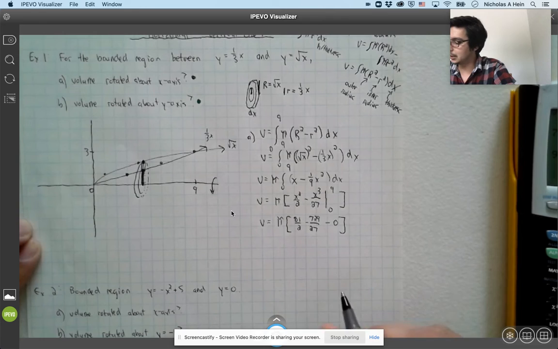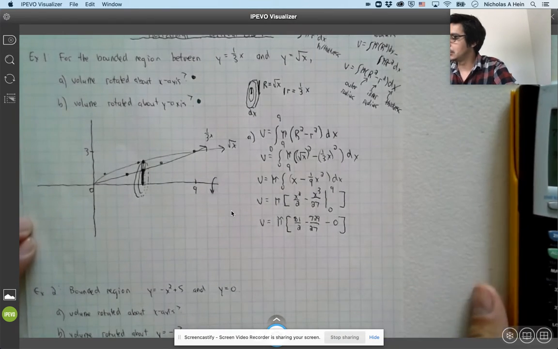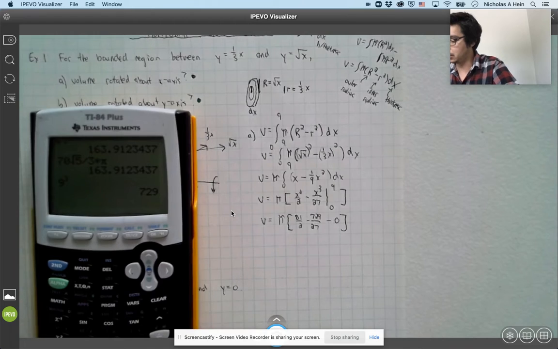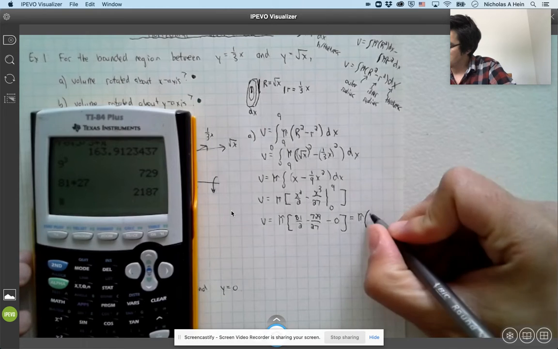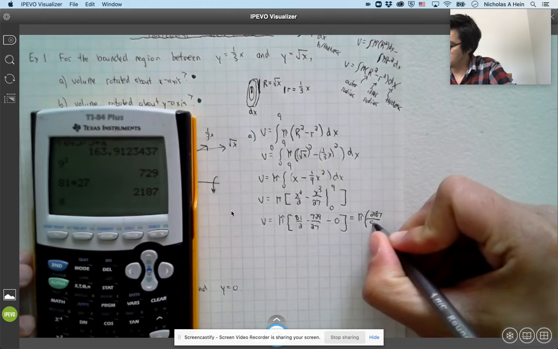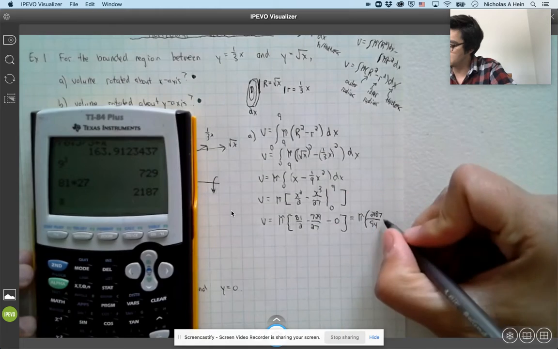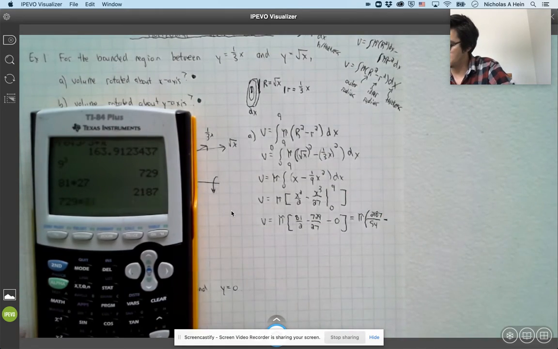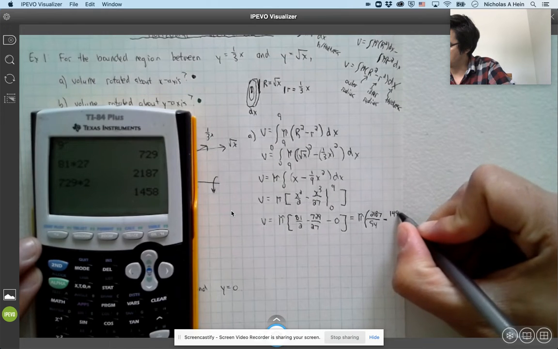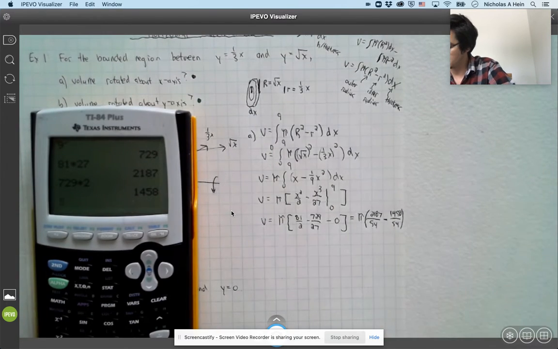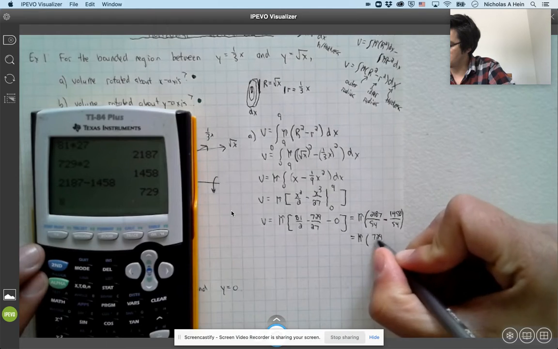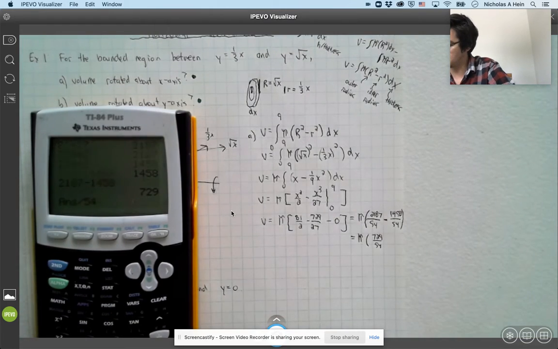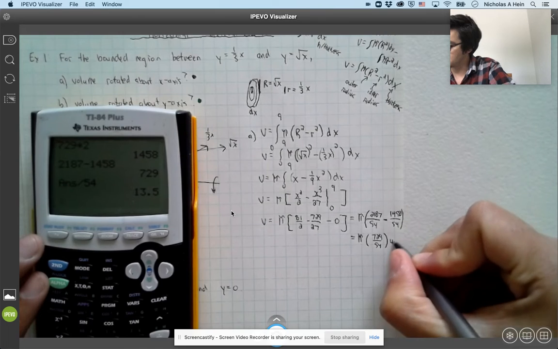And going farther, trying to keep this exact, 81 times 27, we'll end up getting pi times 2,187 over 54, multiplying each of these by 27, minus 729 times 2, which is 1,458 over 54. Subtracting those, your exact volume is 729 over 54, which I don't think simplifies. Yeah, it doesn't, so units cubed.